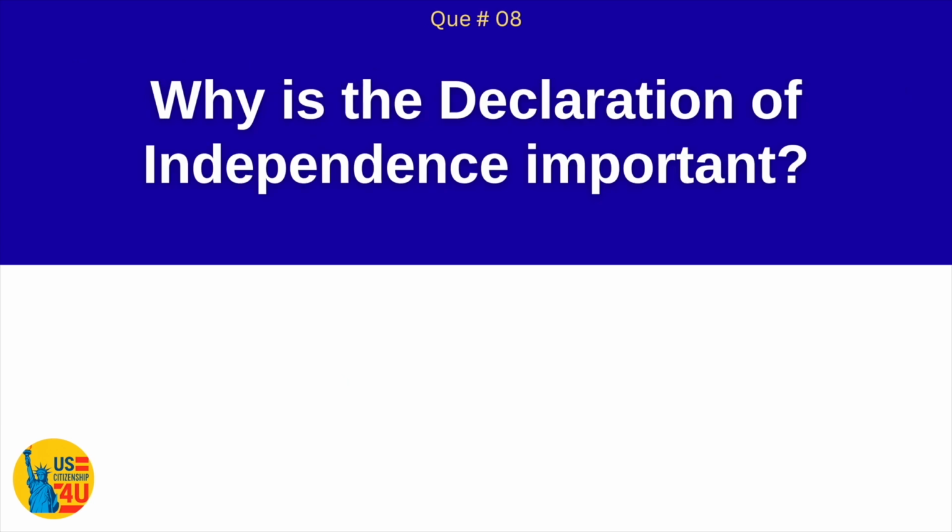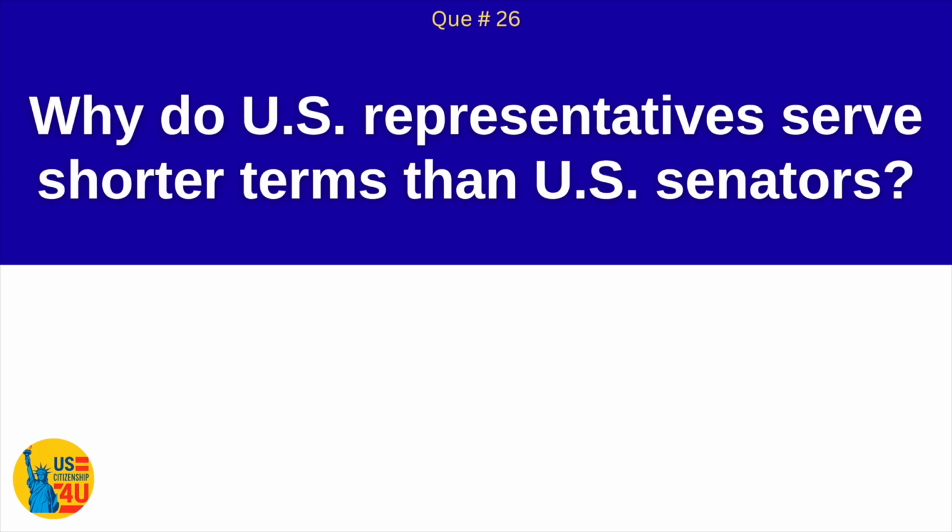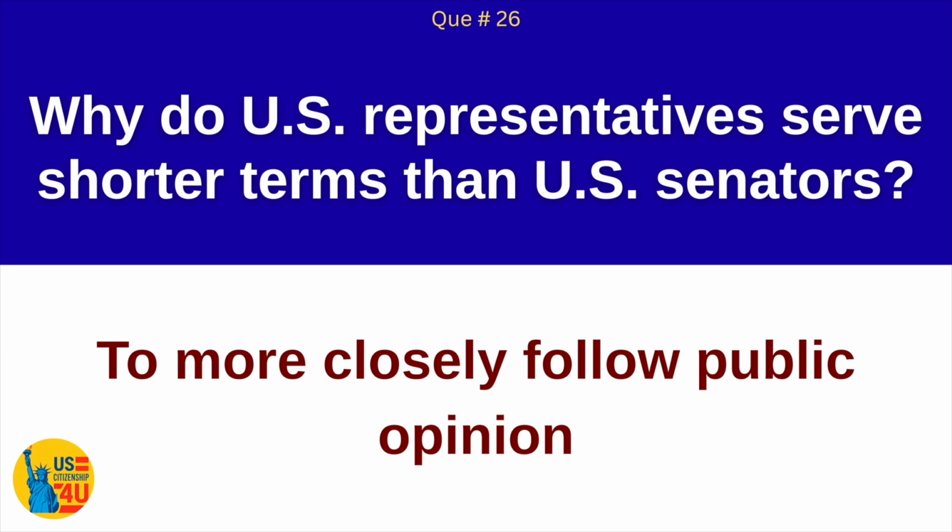Why is the Declaration of Independence important? It says America is free from British control. Why do U.S. representatives serve shorter terms than U.S. senators? To more closely follow public opinion.